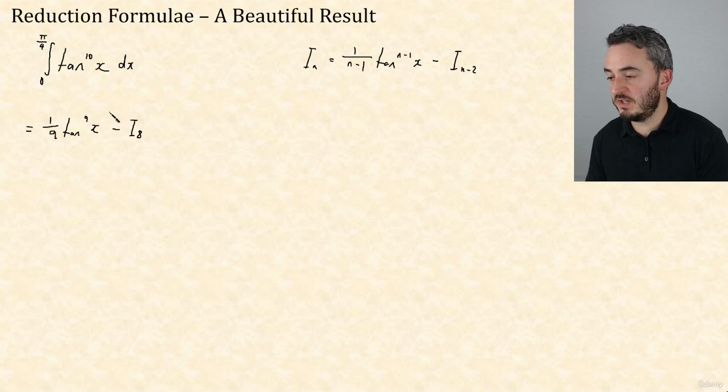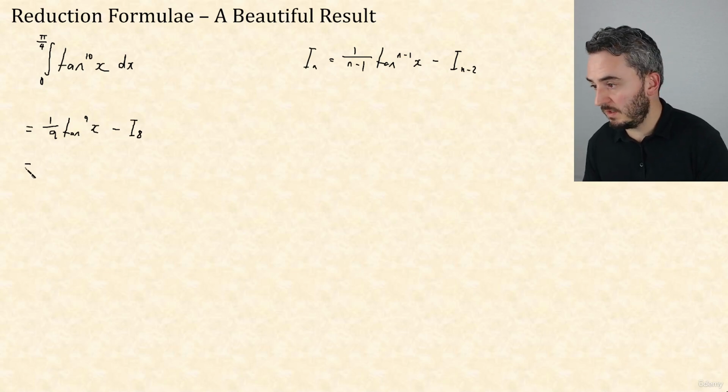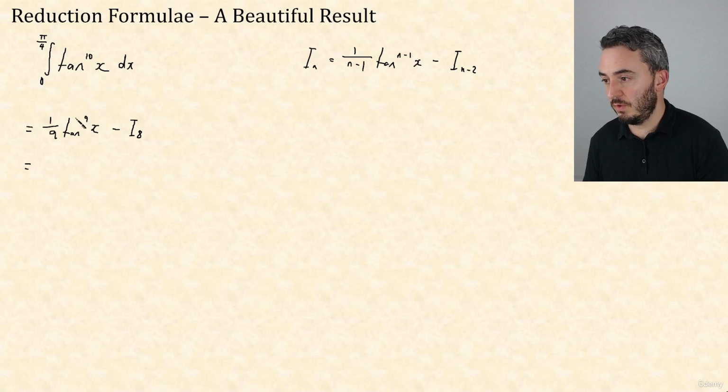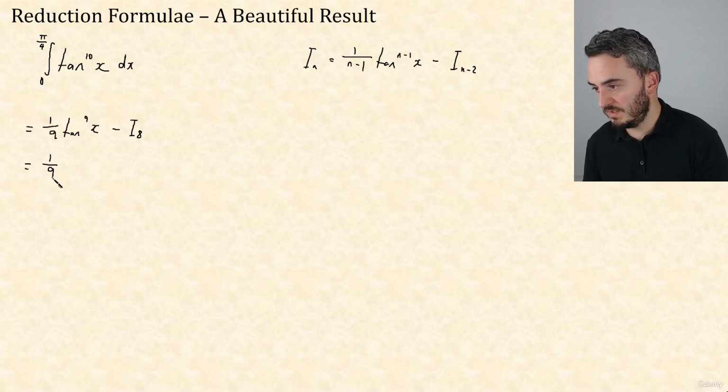Now it's definite integration, so I'm going to sub in pi over 4 and 0 here. Tan of pi over 4 is 1, and tan of 0 is 0. So when I sub in pi over 4, this bit's 1, and I just get 1/9 minus 0.